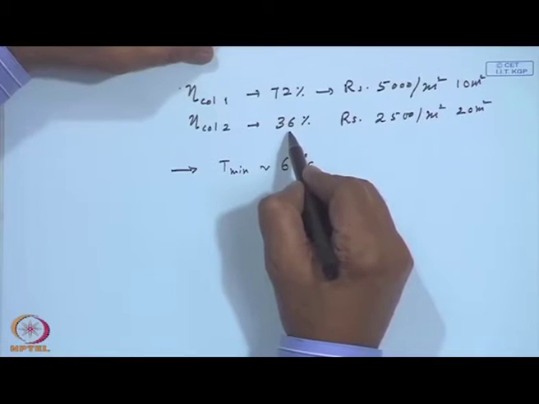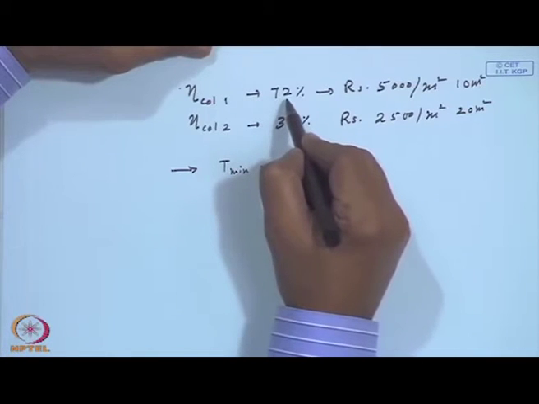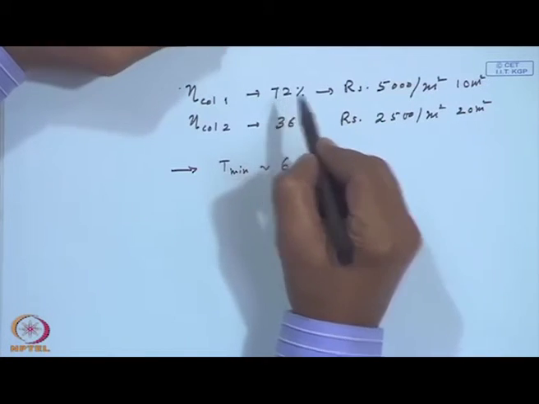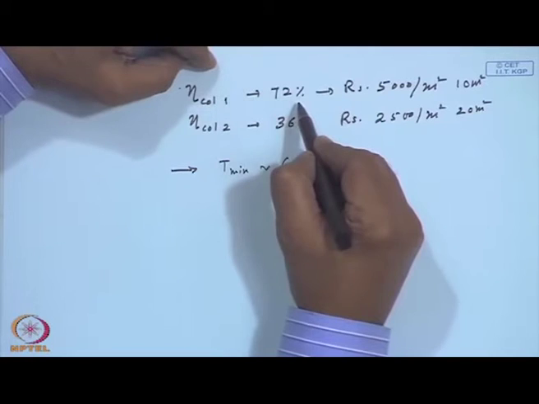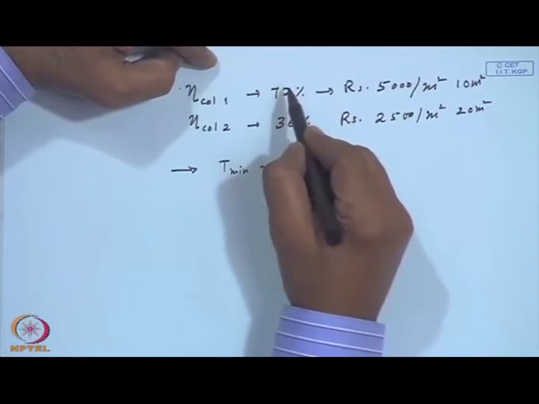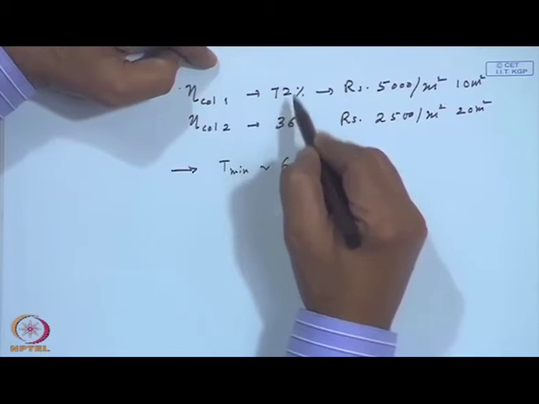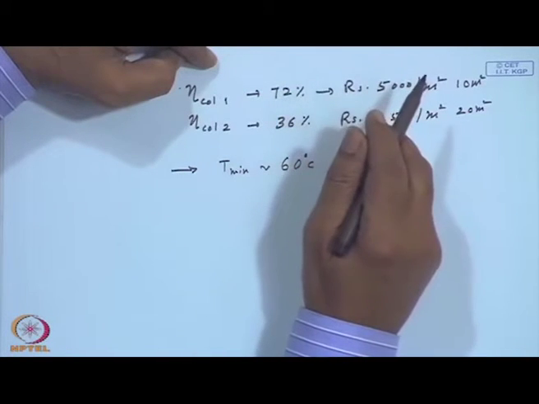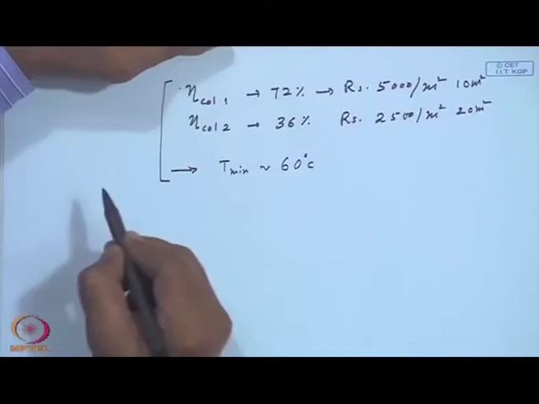So, my T 1 to T 2 operating period will be larger, consequently total energy gain will be higher, not only in proportion to the efficiency, but also because of additional time that it operates. So, this is a very important issue which we will deal in detail.